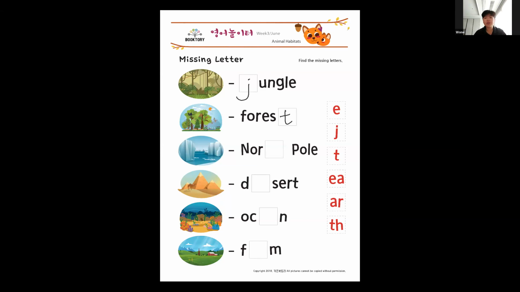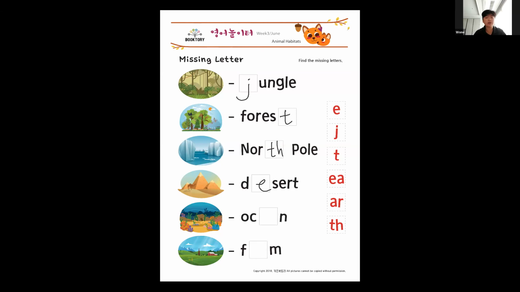Next one we have North Pole, North Pole. TH, right? The North, North Pole. Next one we have desert, desert. That's the letter D, E. Ocean, ocean.